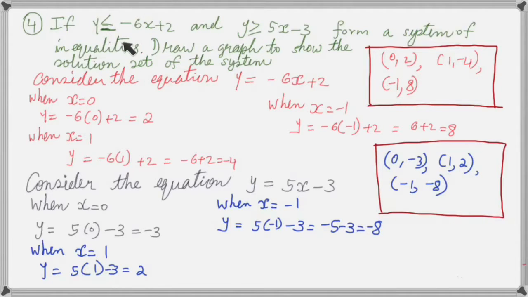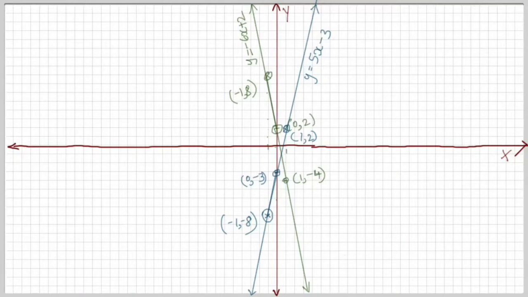Now look at the question. The first inequality in this question is y less than or equal to -6x plus 2. So where is the equation y equals -6x plus 2?